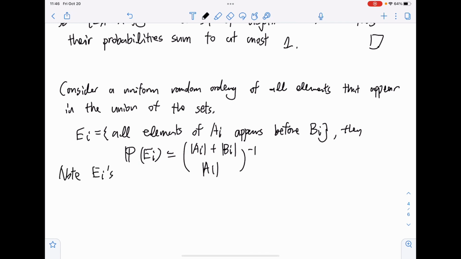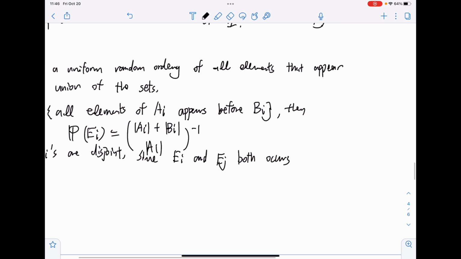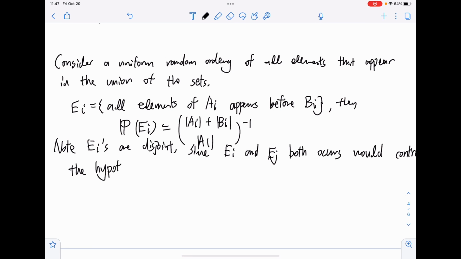And we know that the E_i are disjoint, since if E_i and E_j both occur, it would contradict the hypothesis for A_i, B_i, A_j, B_j.